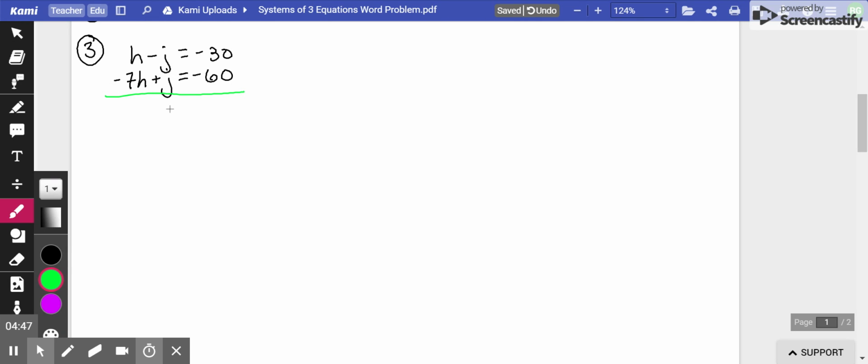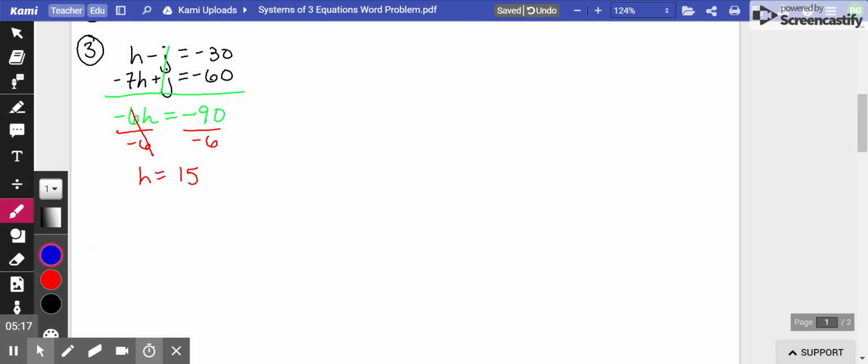I'm just going to combine. h minus 7h is -6h. -j plus j cancels. -30 minus 60 is -90. So the equation now says -6h equals -90. Solve this for h by dividing both sides by -6, and we get h equals 15.